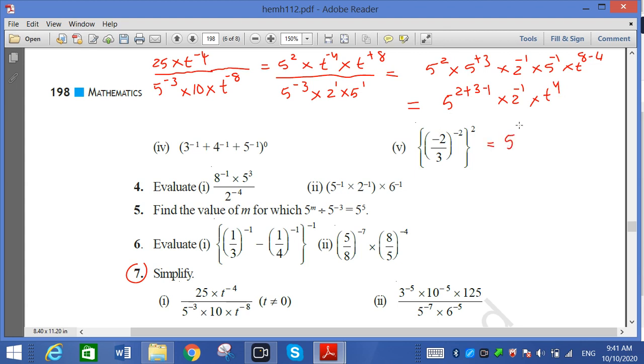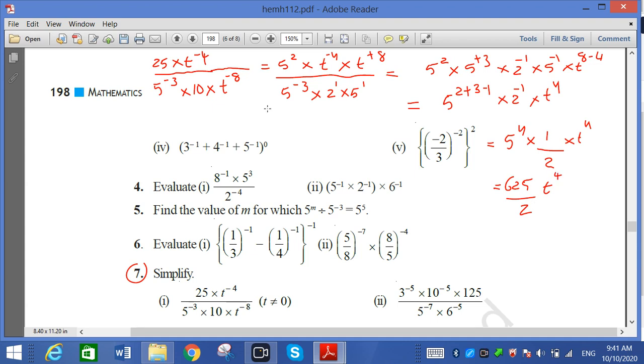So 5 the power 4 into 2 to the power minus 1 into t the power 4. The question is simplify. So 5 the power 4, that is 625, upon 2, as it is we cannot change, 2 and t the power 4.